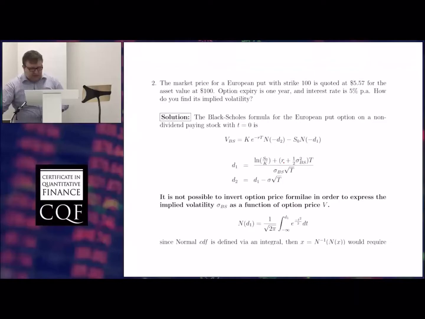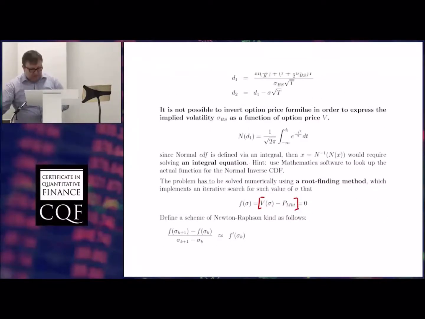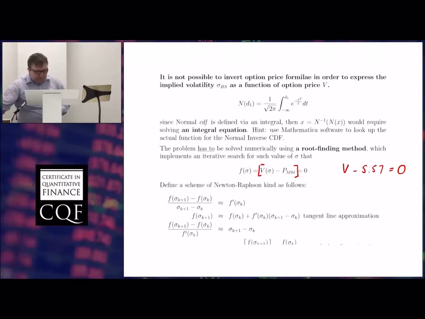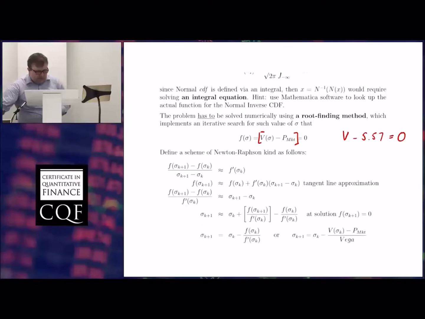Let's say the market price is 557, so V minus 557. Now to solve this, to find the sigma, this is called a root finding task. And what we do is we take the derivative of this function.